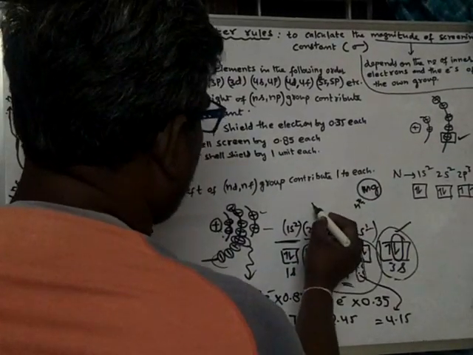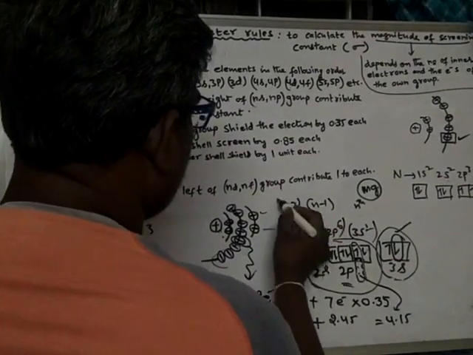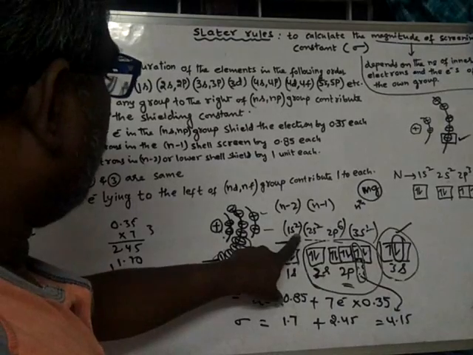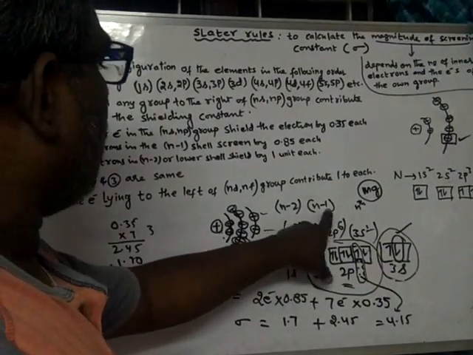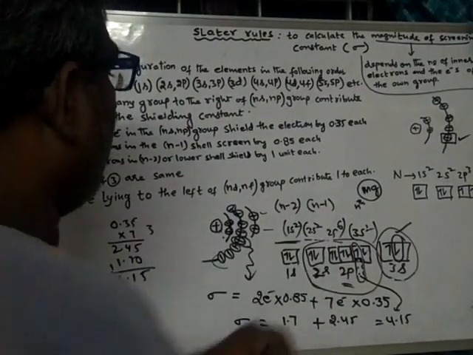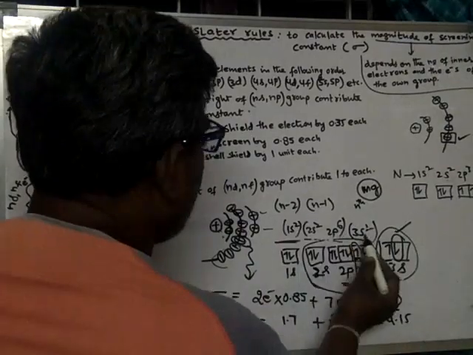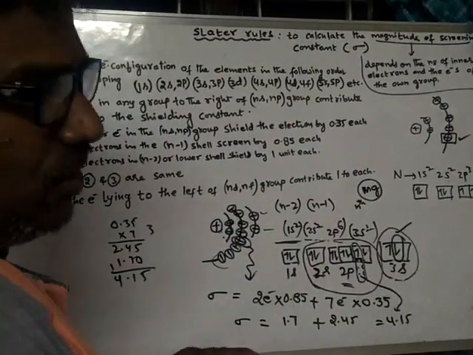So that means this will become the n-1 shell and this will become the n-2 shell. These 2 electrons belong to the n-2 shell, these 8 electrons will belong to the n-1 shell, and these 2 electrons belong to the nth shell.